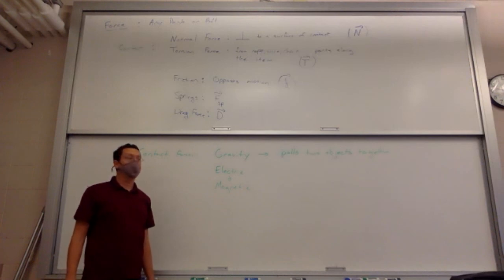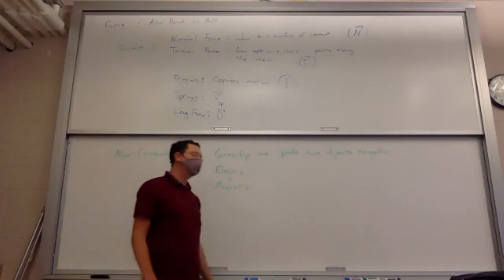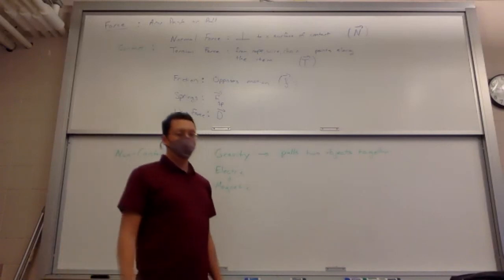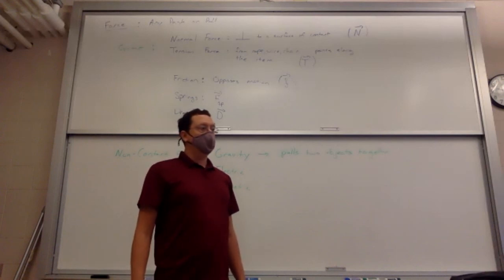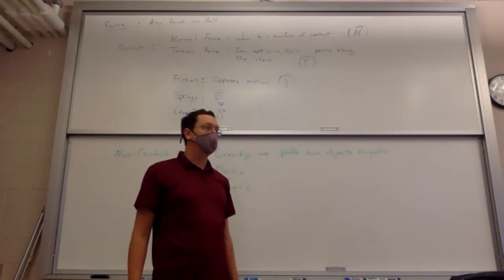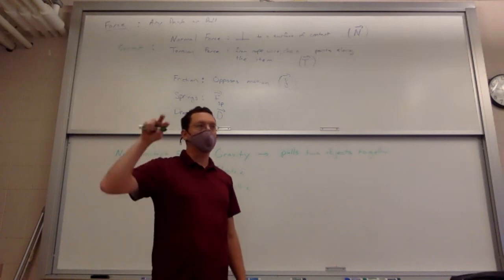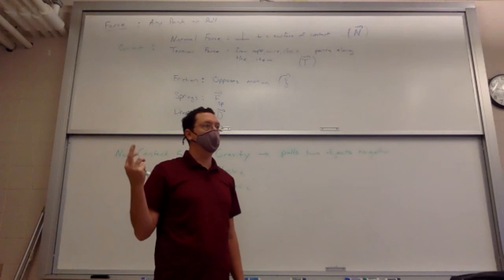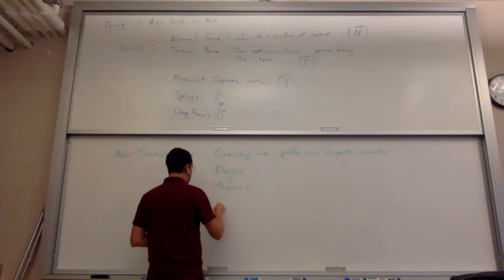We call them strong and weak nuclear forces. Okay, so there's the strong nuclear force and the weak nuclear force. The weak nuclear force is what causes a lot of radioactivity, beta particles, alpha particles, things like that. The strong nuclear force is what binds together quarks inside of a proton or neutron. So I'll just call those nuclear forces.